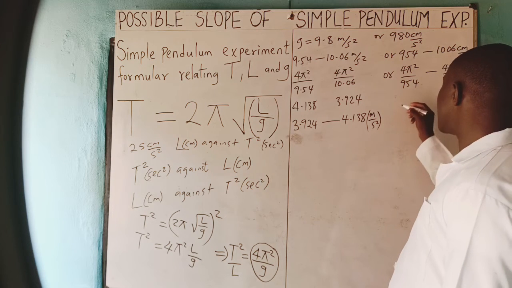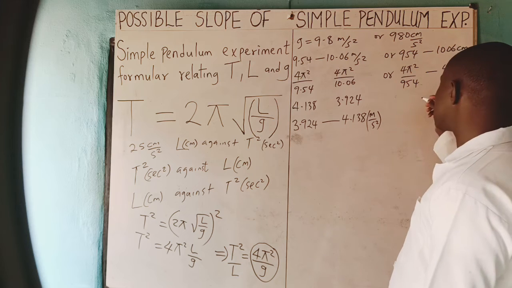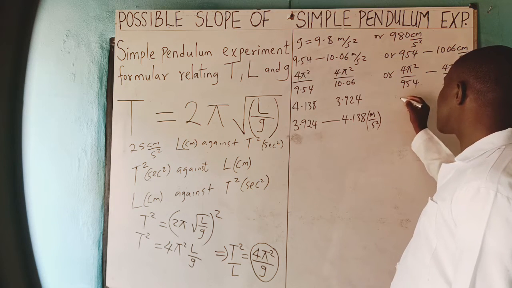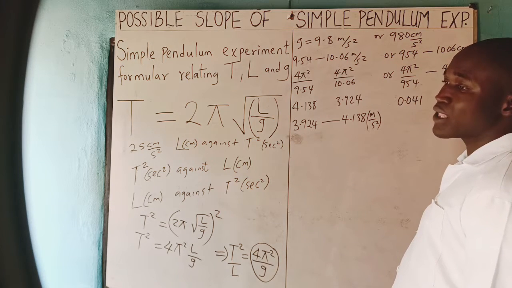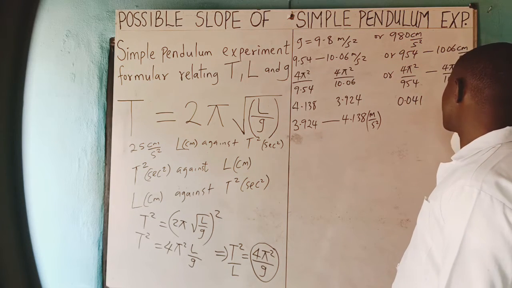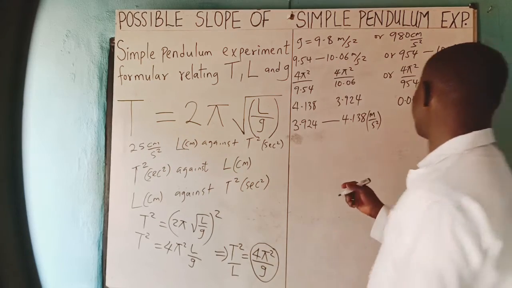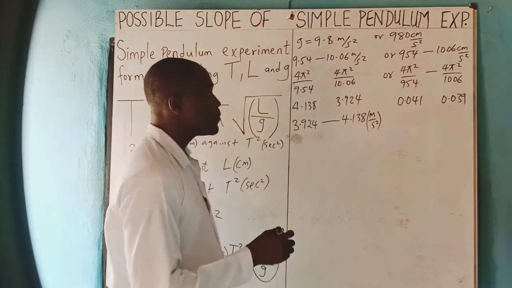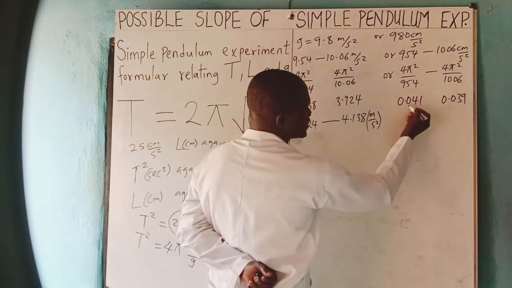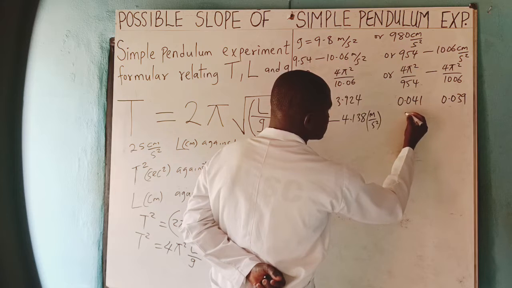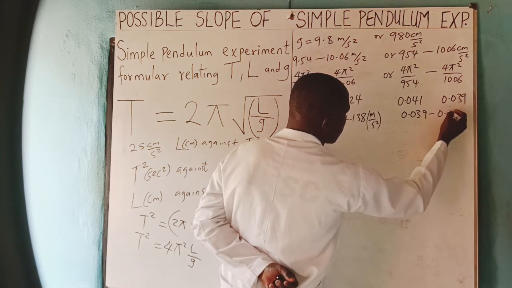Then for this one, 4 pi square all over 954 will give you 0.041, and 4 pi square all over 1006 will give you 0.039. Both are in centimeter per second squared. Since this is bigger than this, we say the range is 0.039 to 0.041.